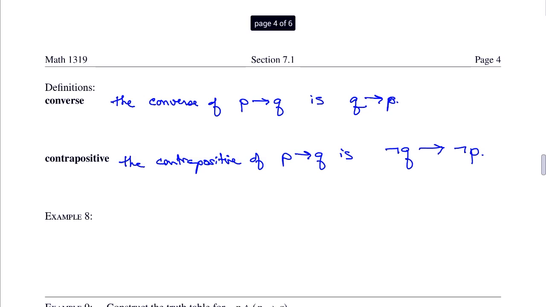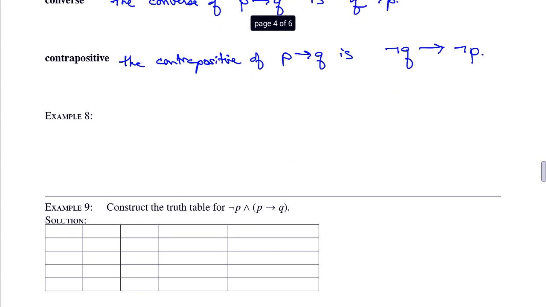Let's go ahead and use our 99 and 5 squared examples.